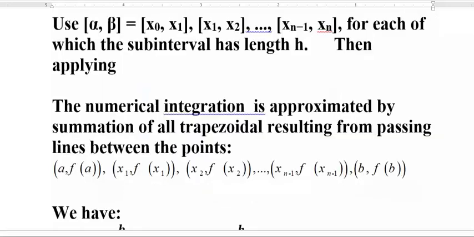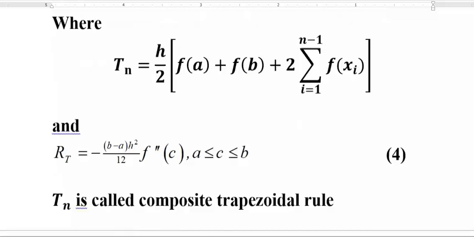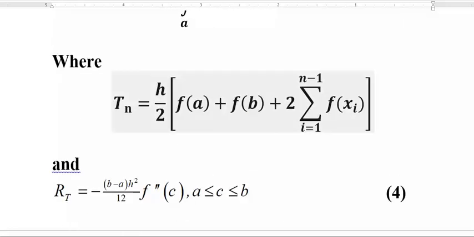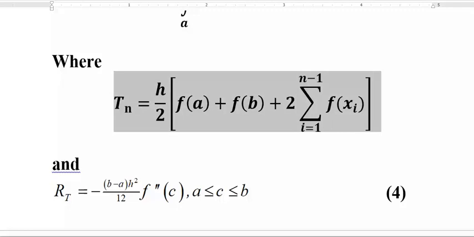So the composite trapezoidal rule is Tn equals h over 2 times f of a plus f of b one time, plus 2 times the summation from i equals 1 to n minus 1 of f of xi. This is the trapezoidal rule.